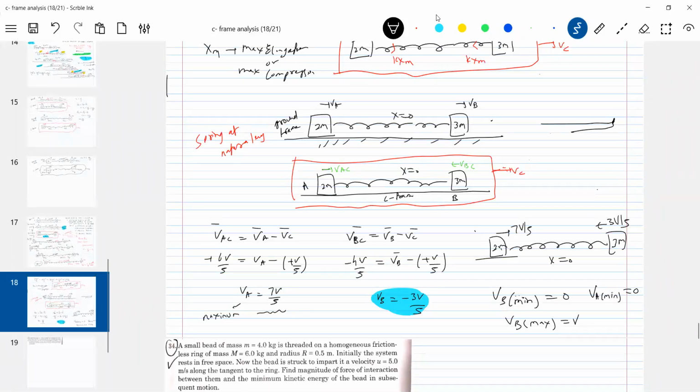The velocity of the block in the C frame: when the velocity of the block is in the direction of motion of velocity, it will have maximum velocity. If it is opposite to the velocity, then it will be minimum. So here look at VB, minus 3V by 5, opposite to velocity, so it's a minimum. When the velocity of the block is VA, VA is 7V by 5. It is in the direction opposite to the velocity of center of mass, it will be maximum, and it occurs at natural length.